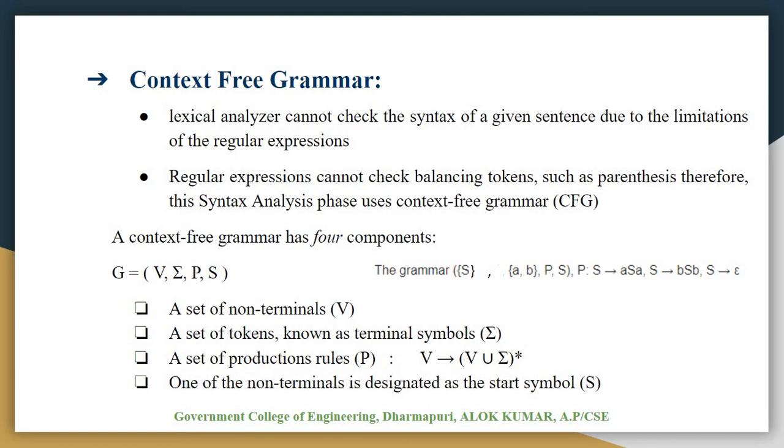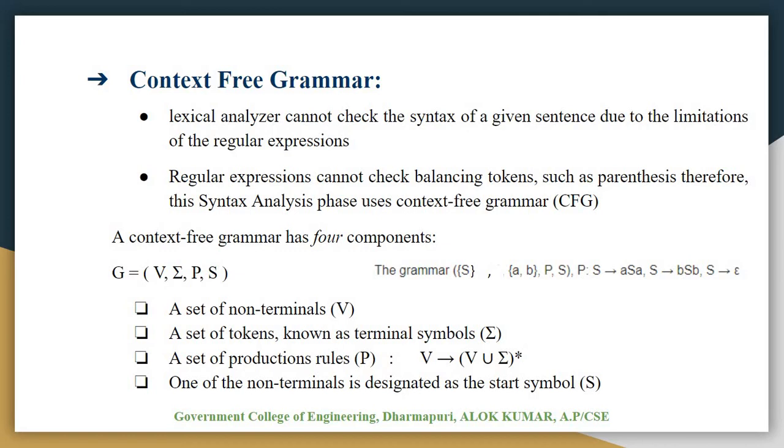A context-free grammar has four components, that is V, sigma, P, and S, where V is a set of non-terminals, sigma is a set of tokens or terminal symbols, P is a set of production rules, and S is the starting symbol.